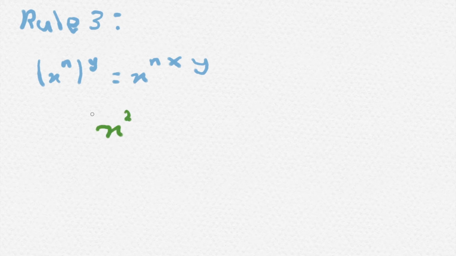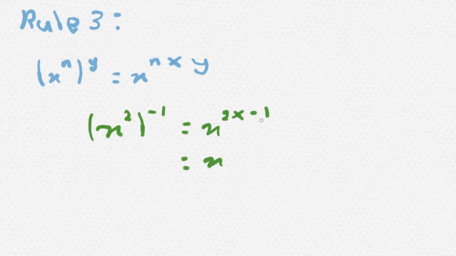X to the power of 2 in brackets to the power of minus 1. So this will be x to the power of 2 times by minus 1. This will be equal to x to the power of 2 times minus 1, which is minus 2. And using our other index laws, we can write 1 over x to the power of 2.